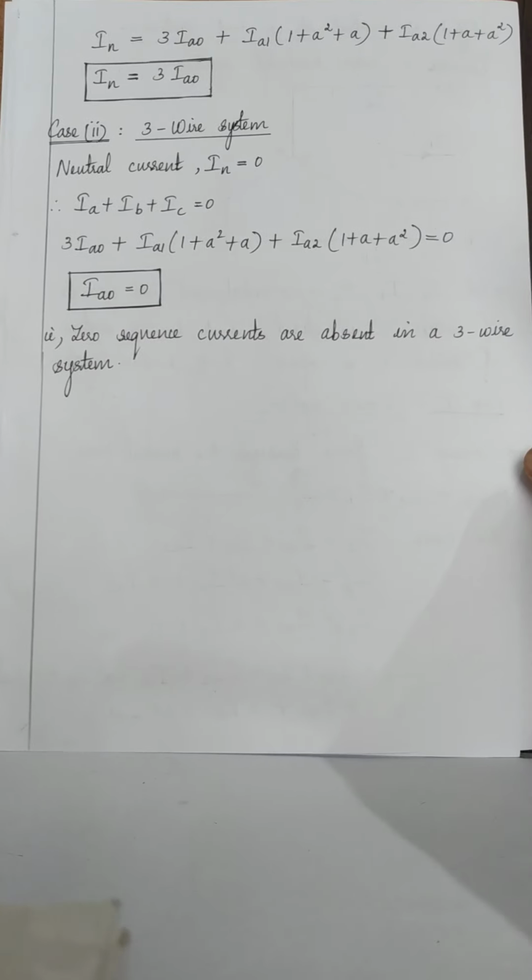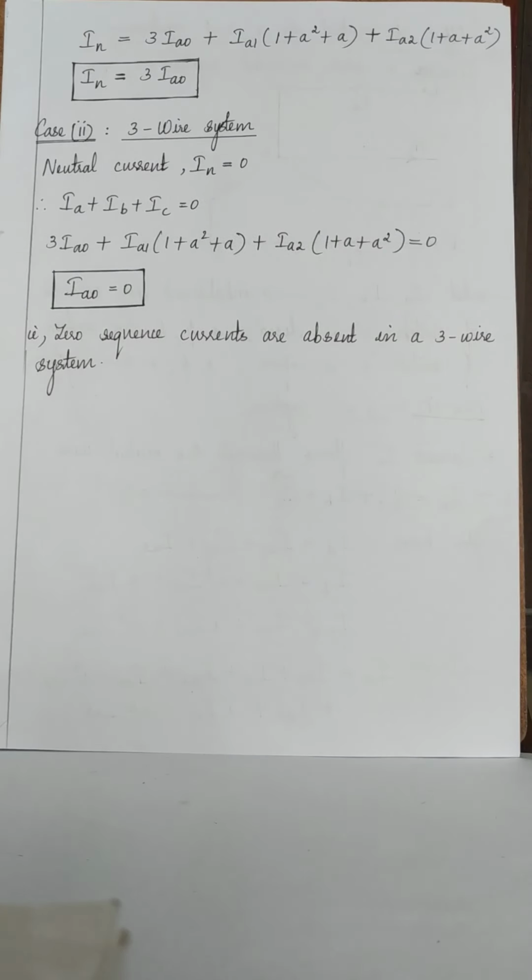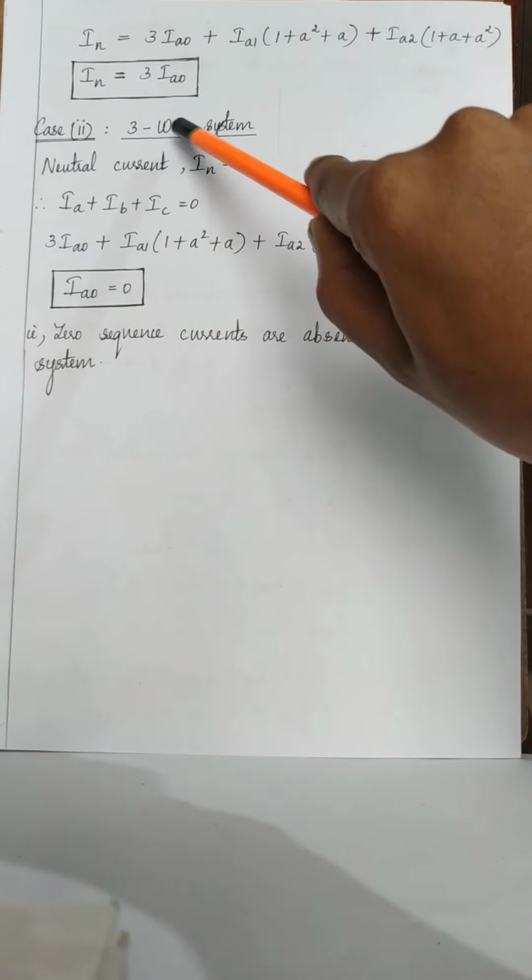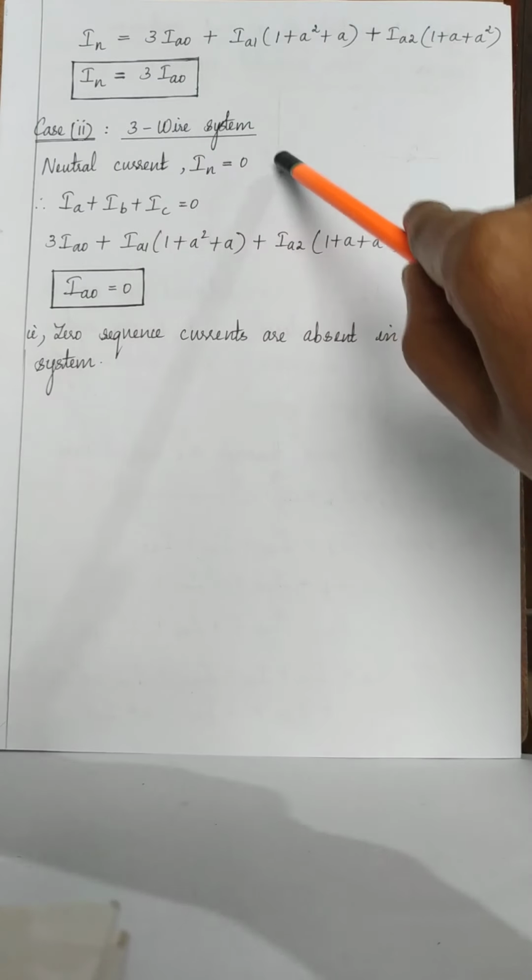So we get IN equal to 3 IA0. In the case of an unbalanced three-phase four-wire system, the zero sequence current 3 IA0 flows through the neutral wire.